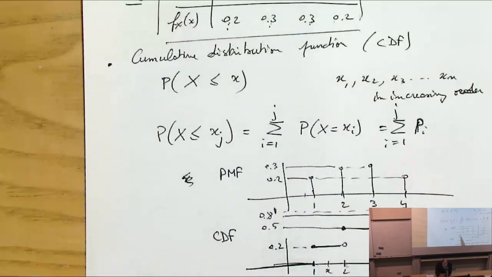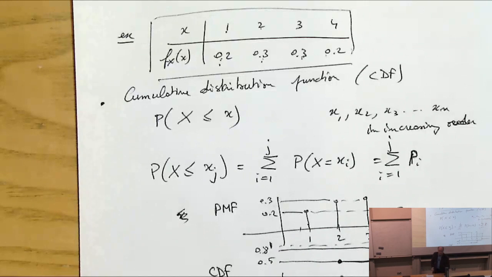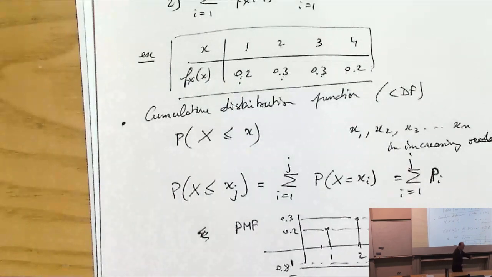Then you get 0.8, and then you get 1. Why do you get 1 here? Because that's the same as saying the probability of the universal event is equal to 1. All values will be smaller than 4, so the probability of x smaller than or equal to 4 is equal to 1.